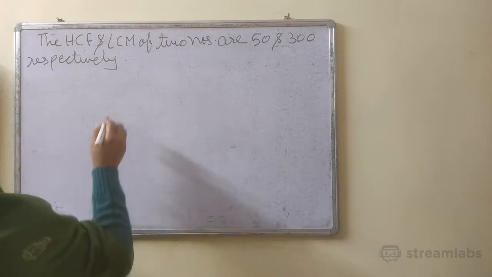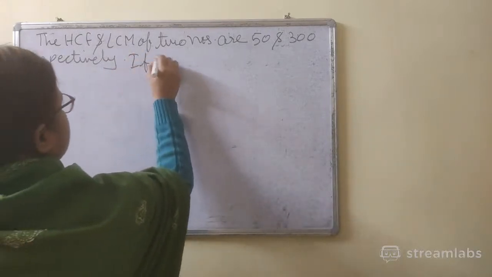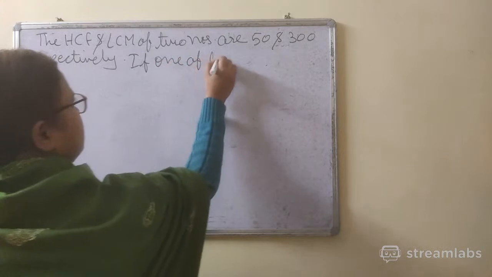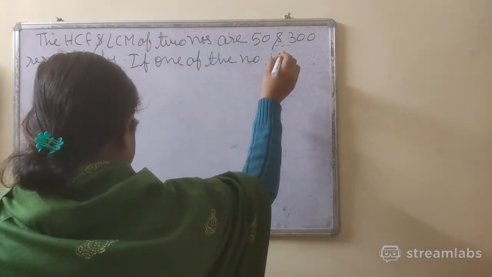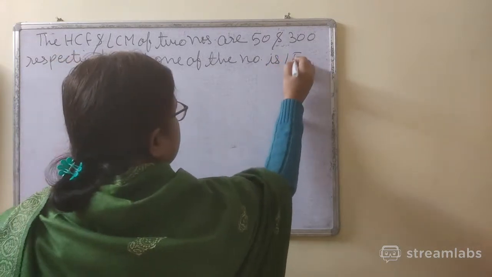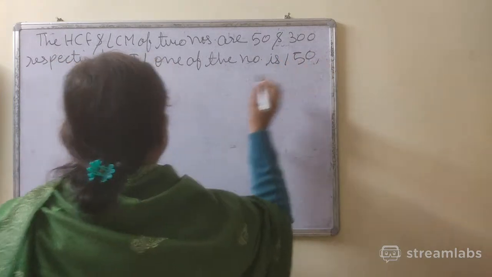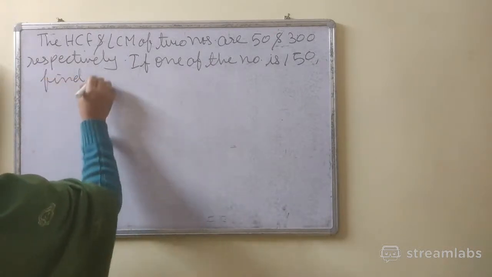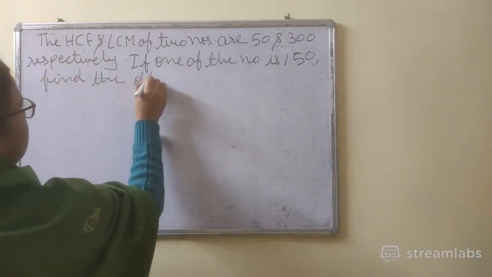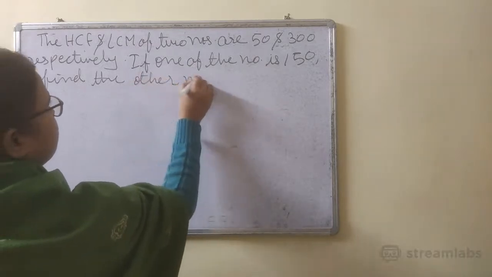If one of the numbers is 150, find the other number.